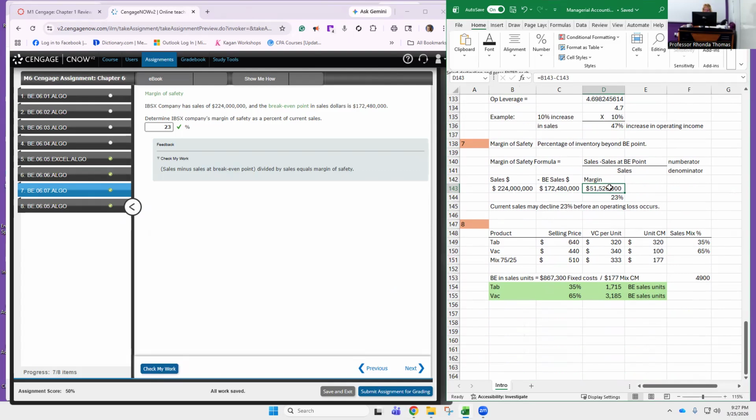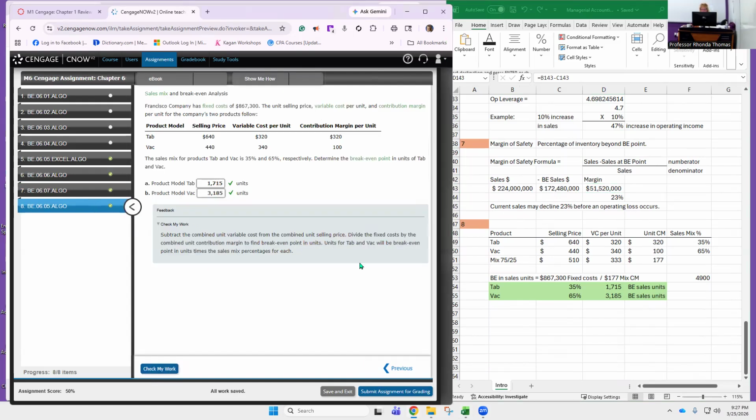Okay, and then we need to know what percent this margin is of sales, and right now it's 23%. So whatever you get when you take sales and subtract break-even sales dollars, you get a margin, and then you divide it by sales. So current sales may decline 23% before an operating loss occurs.